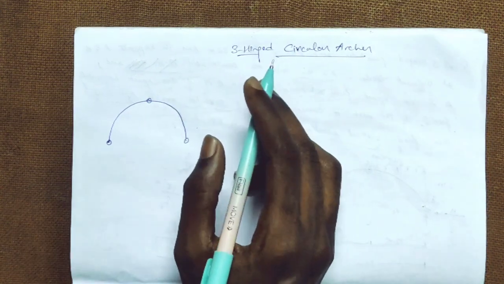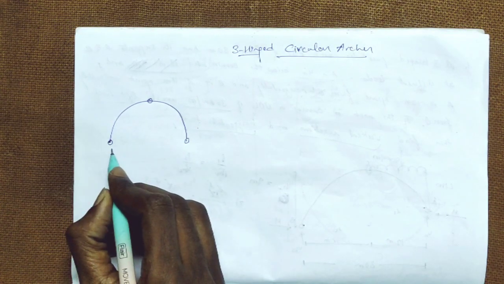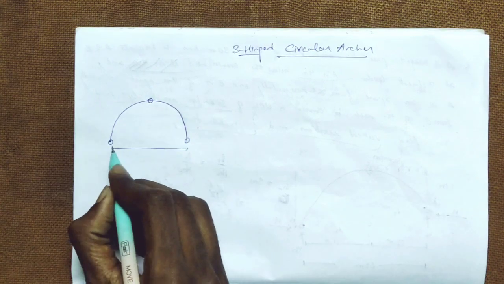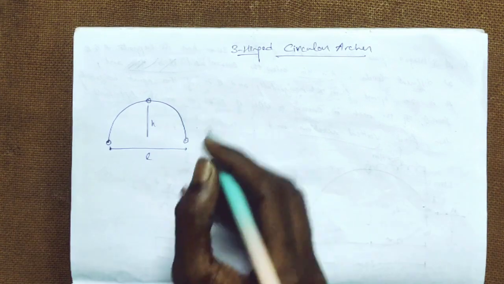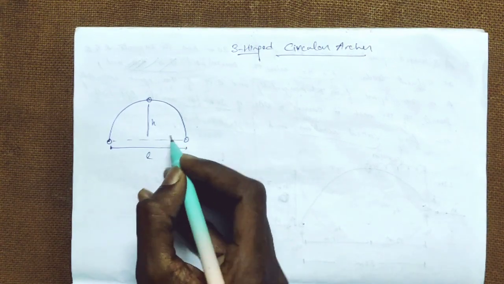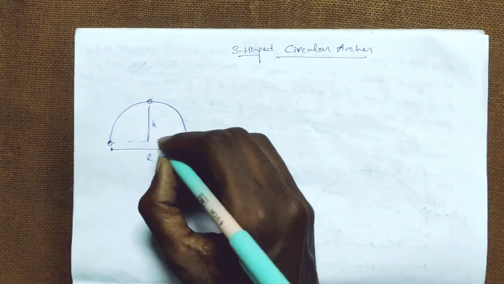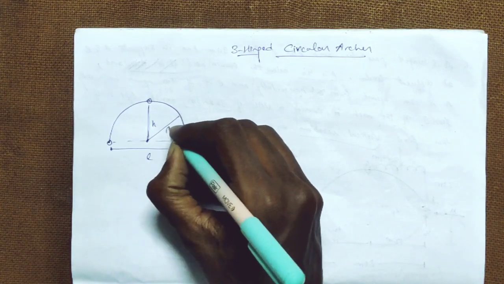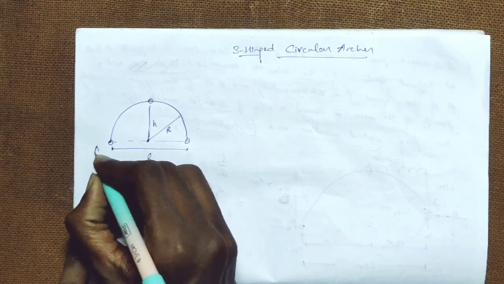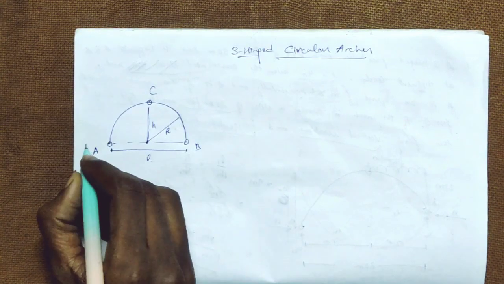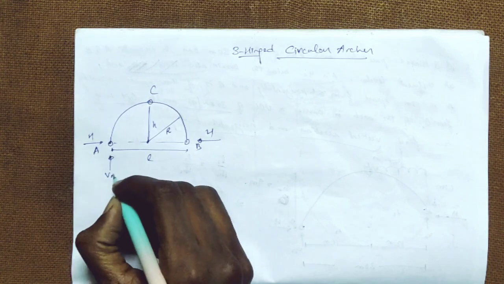So as we are discussing circular arches, let us consider a circular arch with a span of L meters and a rise of H. Let the radius of this arch be R. Let us name this A, B, C. So there will be some horizontal reaction and vertical forces.